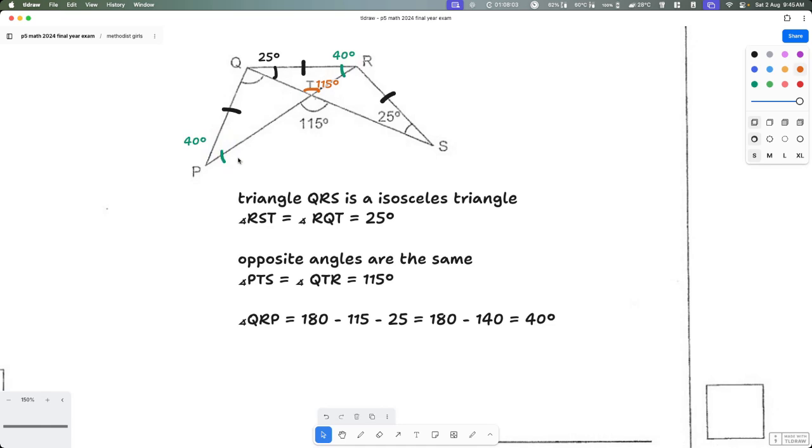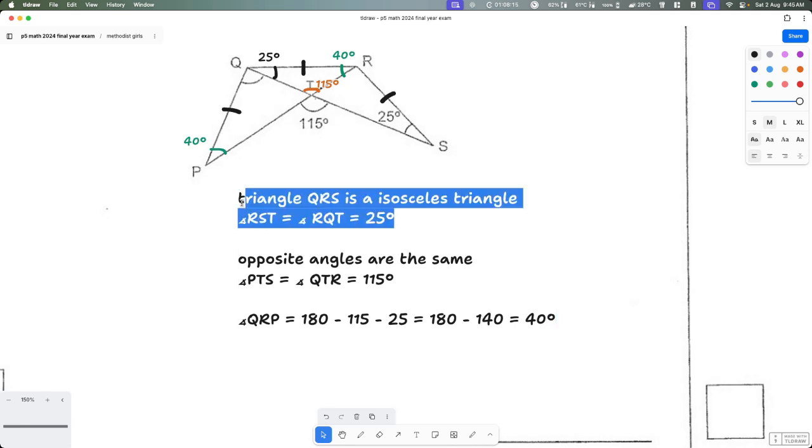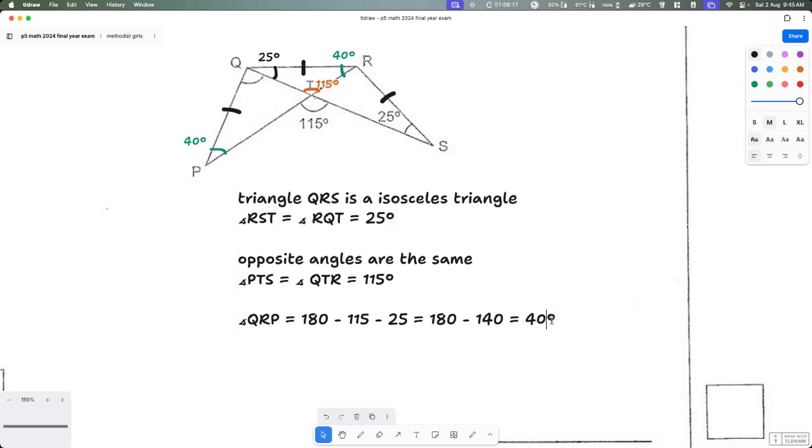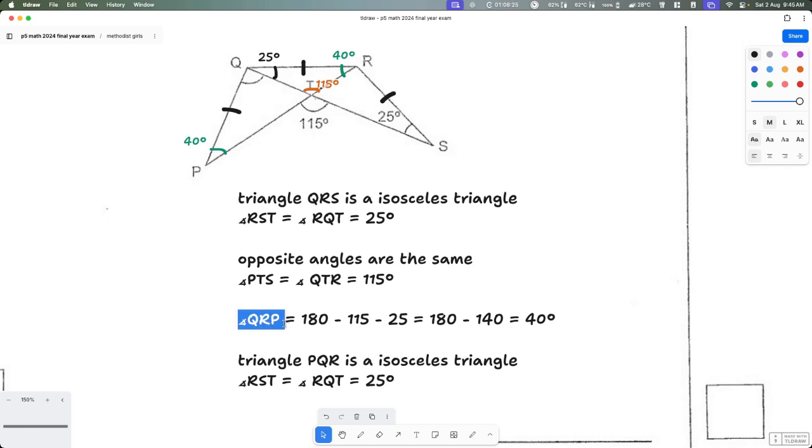So I'm going to draw this as well, but this is green. So we have another triangle that's isosceles as well, which is PQR. So angle QRP is equal to angle QPR.